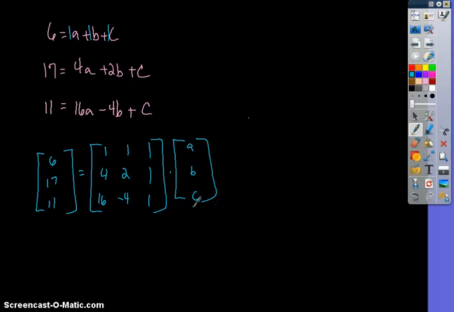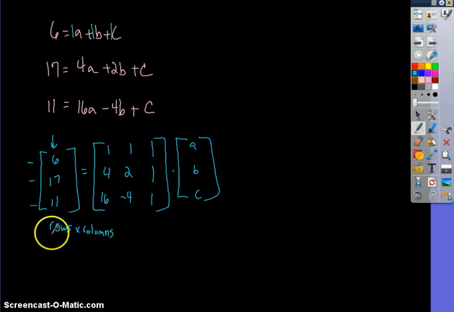Now, you've got to know a few things about matrices. One thing you need to know is organizing rows by columns. If you notice, this is a row, this is a row, this is a row. Rows go horizontal, columns are vertical. So this has 3 rows and 1 column, so this is a 3 by 1 matrix.